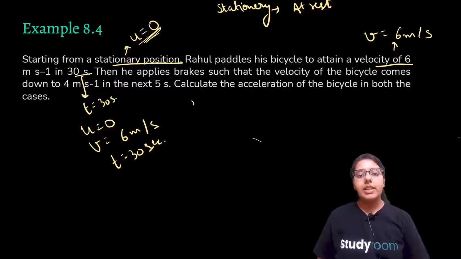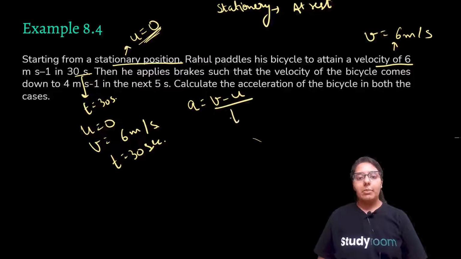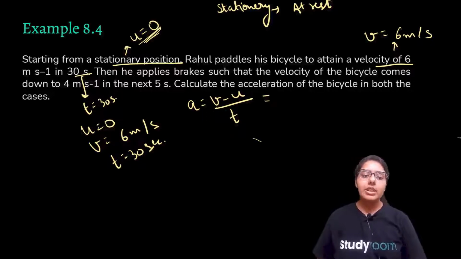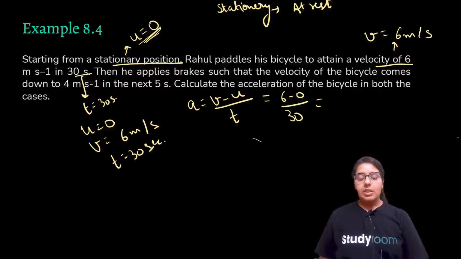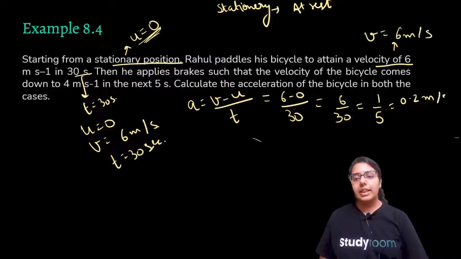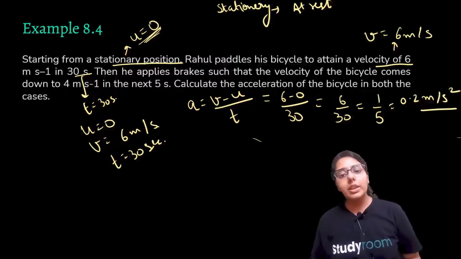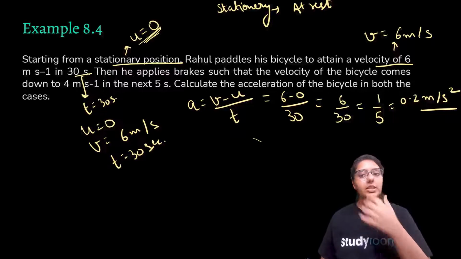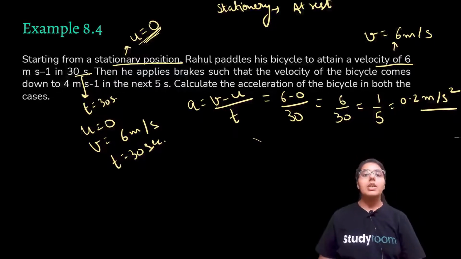Of course, we studied that acceleration is change in velocity upon time. Change in velocity is final velocity minus initial velocity upon time. What is change in velocity? 6 minus 0 upon what is time? 30. So your acceleration is 6 by 30, that is 1 by 5, that is 0.2 meter per second square. Don't forget the units. The SI unit of acceleration is meter per second square, okay?